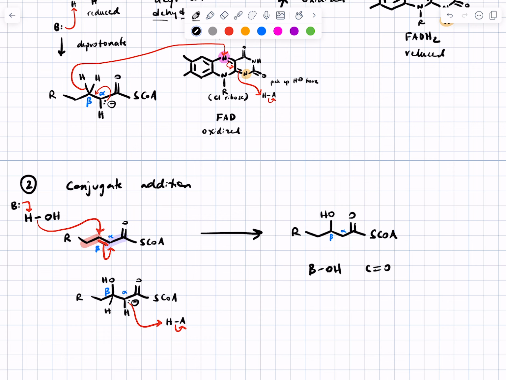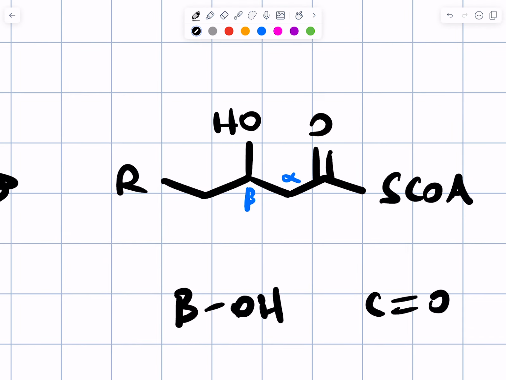You could be forgiven for thinking, hey, let's do a retroaldol reaction. So let's just talk about that. What if we did a retroaldol reaction? This portion would be the enolate. This portion would be what kind of functional group?